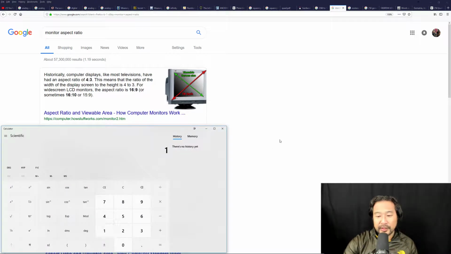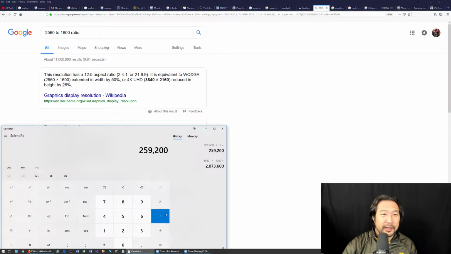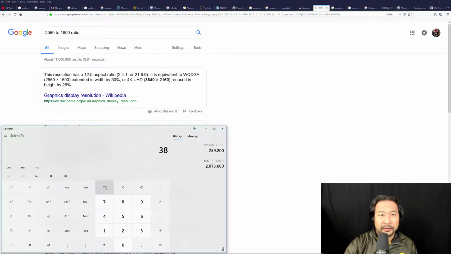If we get 1920 by 1080, which is kind of the standard right now, we get 2,073,600 pixels. And of course, we can always divide that by 8, giving 259,200. If you have 4K, 3840 by 2160, you can even divide that by 8, and no matter what, you're going to get a whole even number.